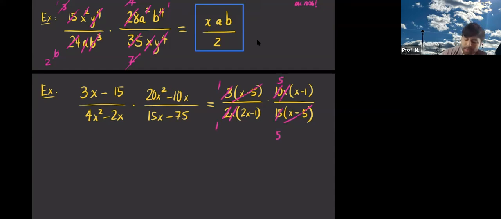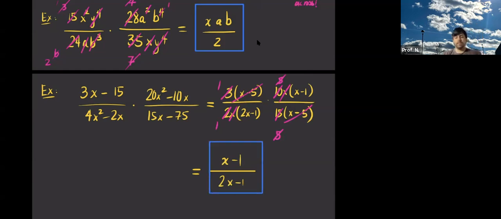And the 5s here also cancel out. So I've canceled everything out, and I'm left with what in the numerator? The only thing that's left untouched is the x minus 1. And the only thing that's by itself here in the denominator is the 2x minus 1. And I am finished.